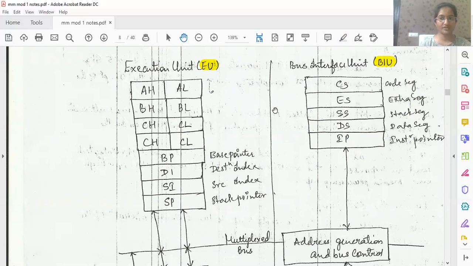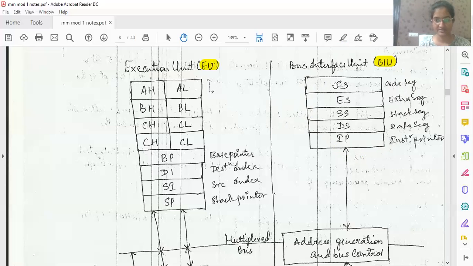To store the starting addresses, these different segments will be having their own starting addresses. When a big memory is being divided into 4 different segments, these different segments will be having their own starting addresses. To store these starting addresses, we have the respective registers. What are those registers?